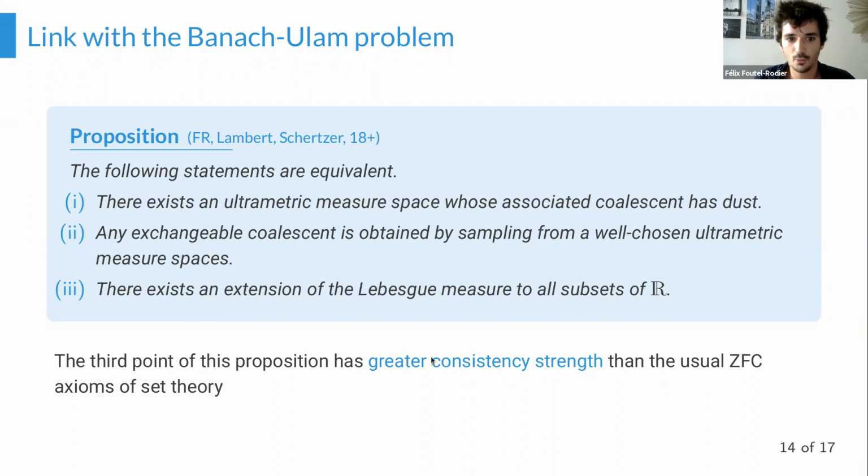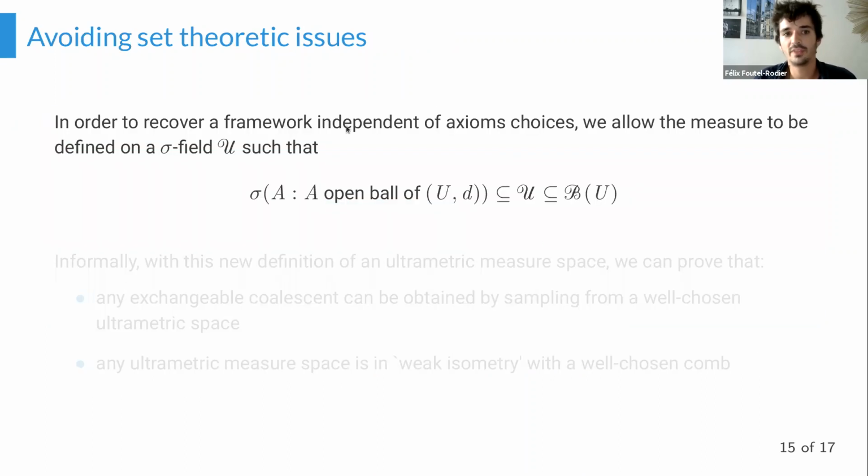And so the way out of that, because obviously we do not want to go into that direction, is that actually we want to allow the sampling measure to be defined on some smaller sigma field, which will be intermediate between the very large Borel sigma field on which we have few measures and the very little sigma field generated by the balls on which we have few measurable functions. And so we want this sigma field to be intermediate between these two.